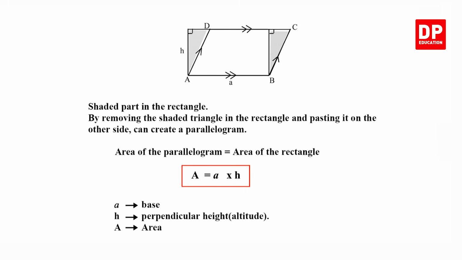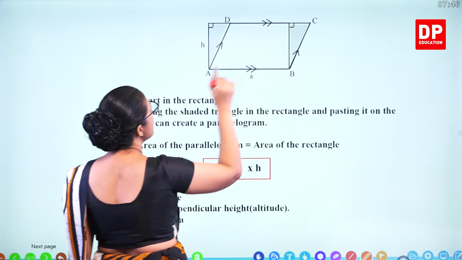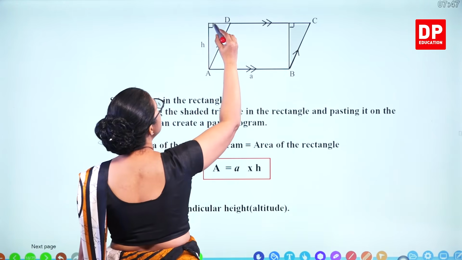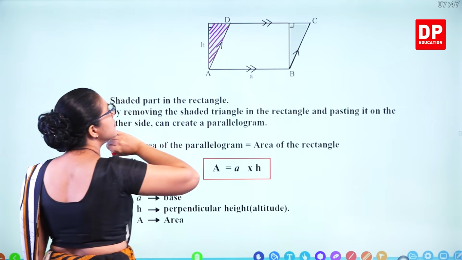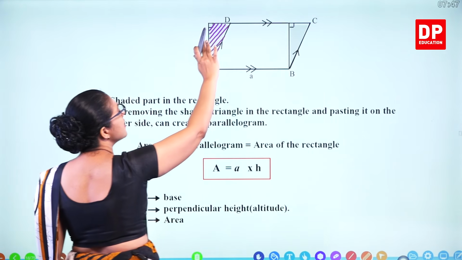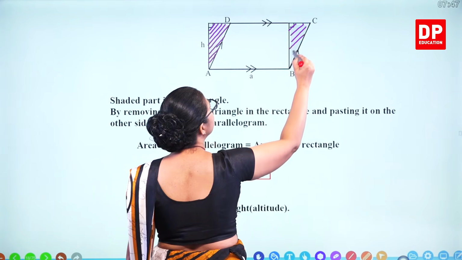Now look at this one. Take a look at this rectangle first. I am cutting this triangle from the rectangle and pasting it to this side. So this area is the same as this one.